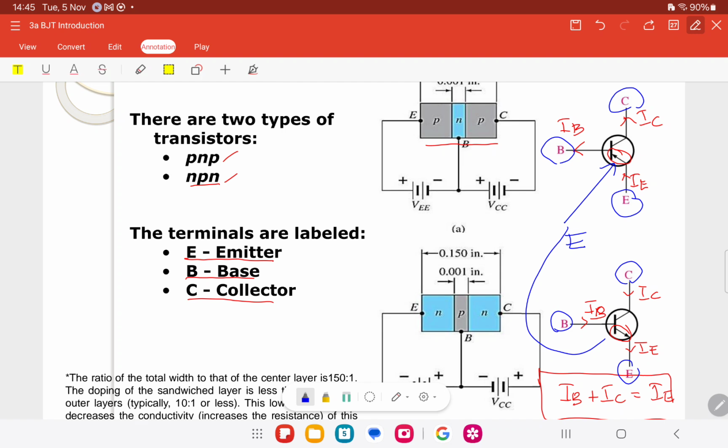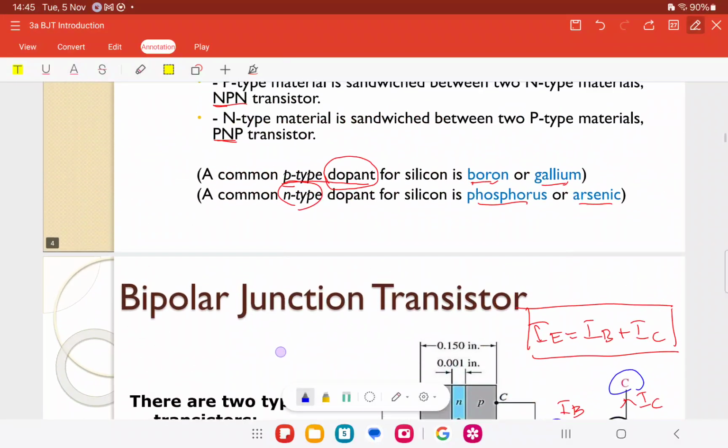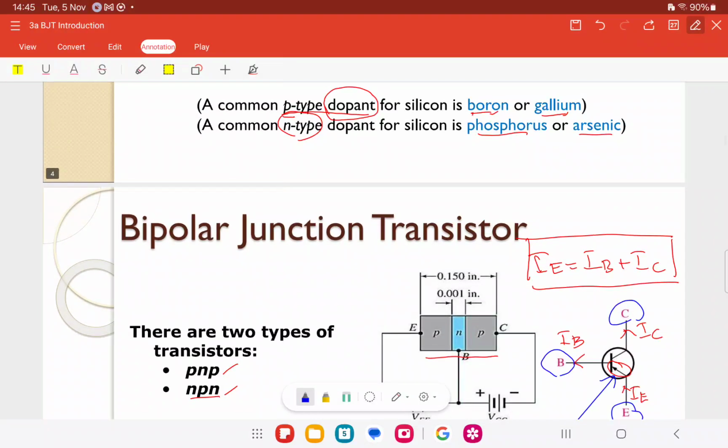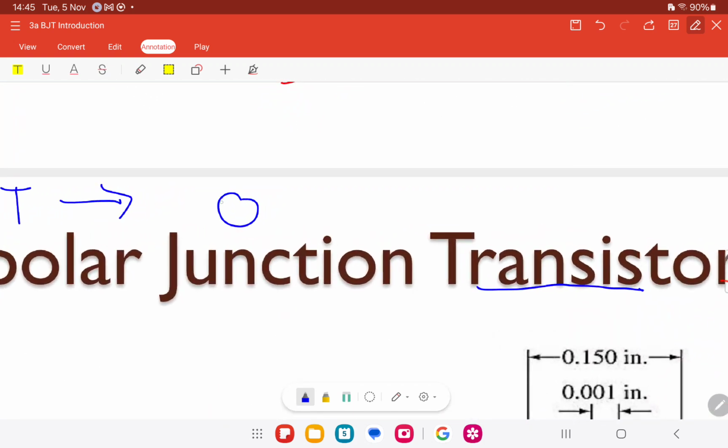Okay, what else? Tadi I mention this one is for BJT. Selain daripada BJT, another type of transistor is FET, field effect transistor. Okay, kalau dia ada dua jenis juga.